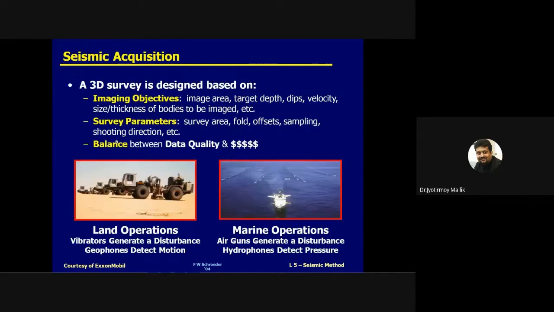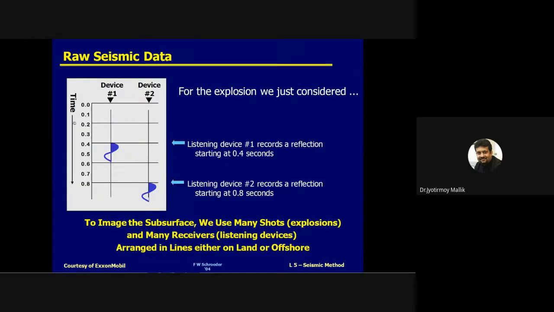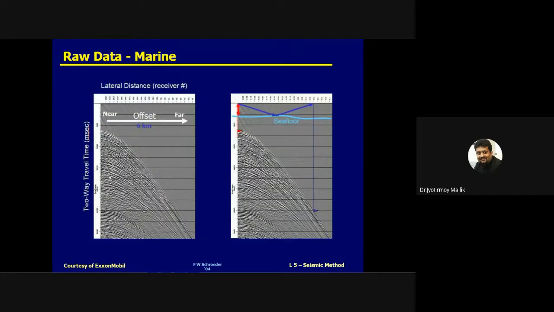If I go back to this picture, you can think of it that if I have hundreds of receivers along a source, and if I put all these seismic wiggles together, this is what we will generate. This sort of picture we will generate. You can imagine.